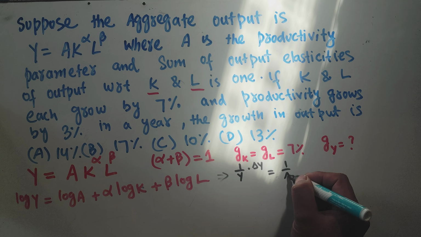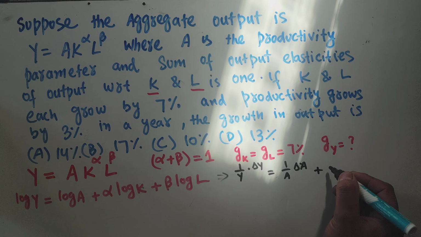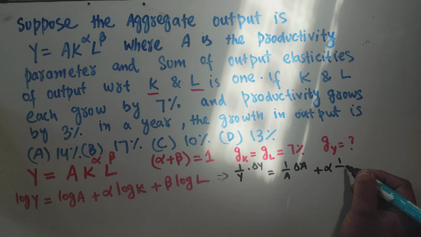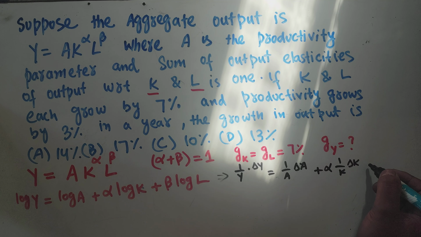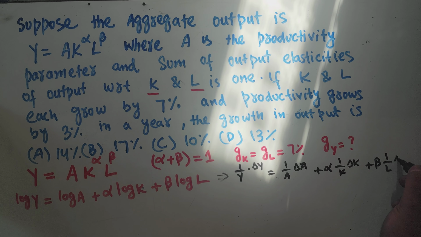It is 1 upon A times del A, plus alpha, the derivative of log of K is 1 upon K times del K. Similarly, we have beta, the derivative of log of L is 1 upon L times del L. We can take that differential with respect to time also here.